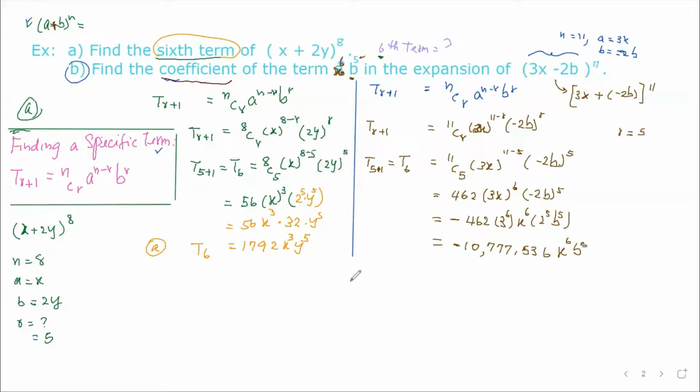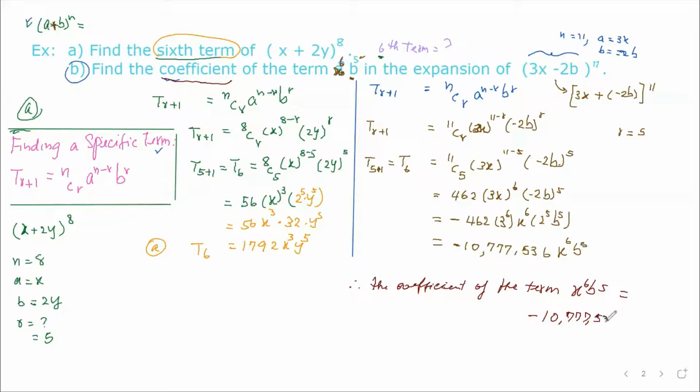So that means the final coefficient of the term x power 6, b power 5 equals negative 107,77536.